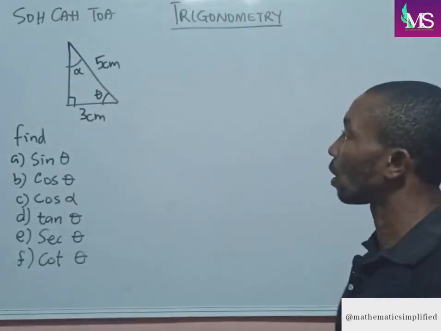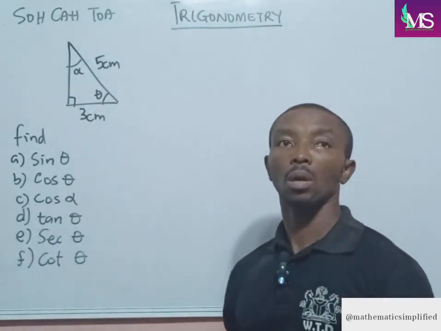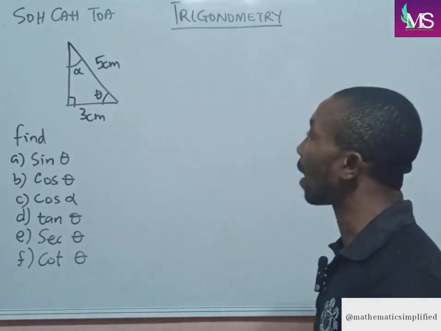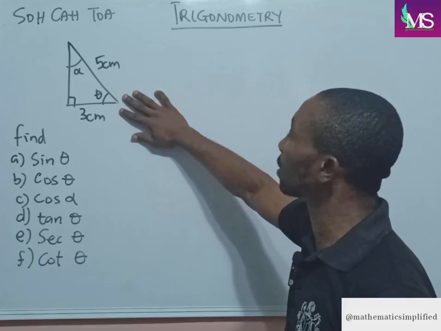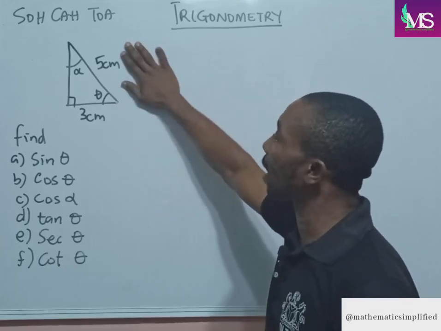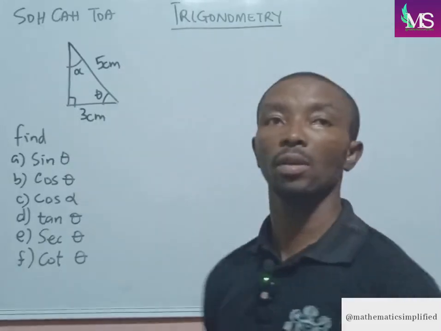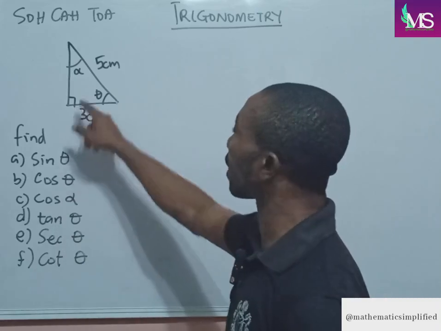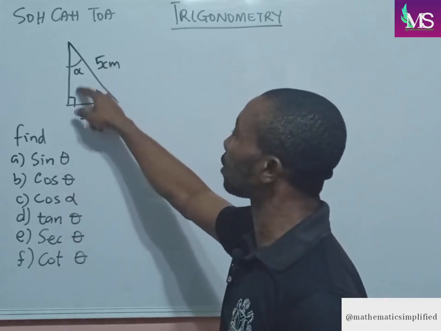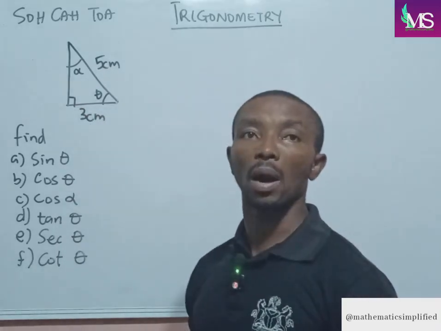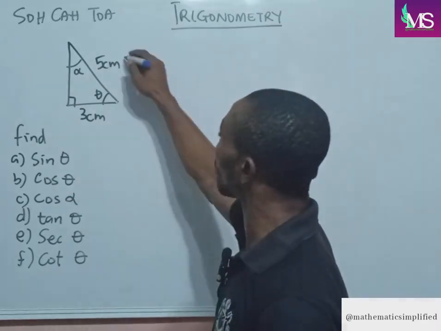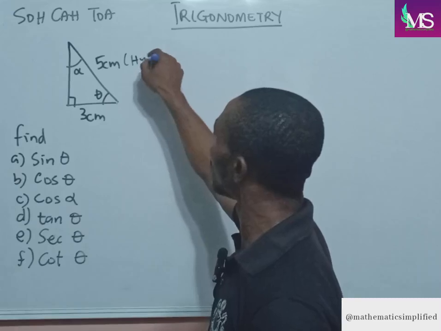Looking at our example 1, it says find, in this right angle triangle, we have 5 as our hypotenuse. Remember, as we labelled it, for every side facing the 90 degrees will form our hypotenuse. So this forms our hypotenuse.